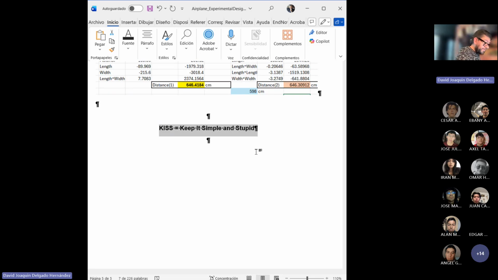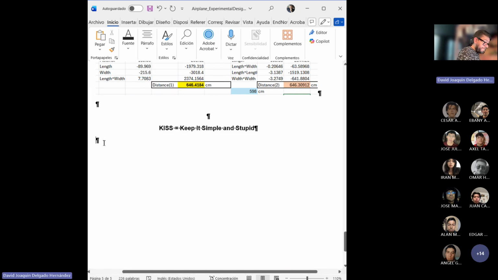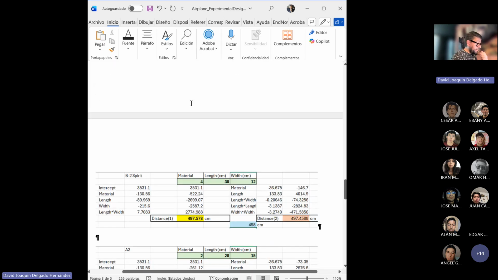So let me erase this. I am going to leave it there. I like this thing. Okay. So let's go back to analyze these results. With the second model, the one with the second power, this is a quadratic model.